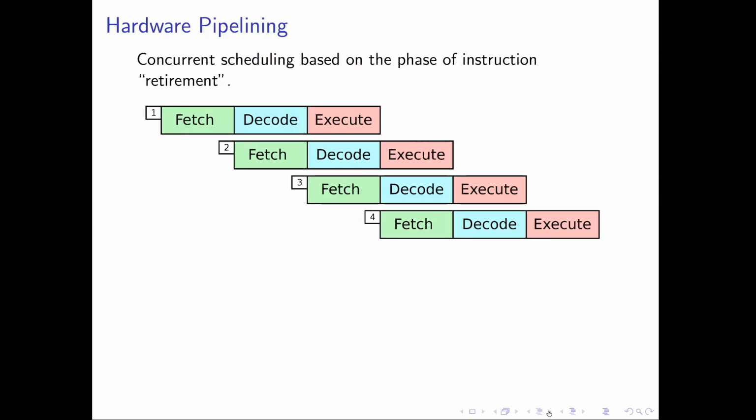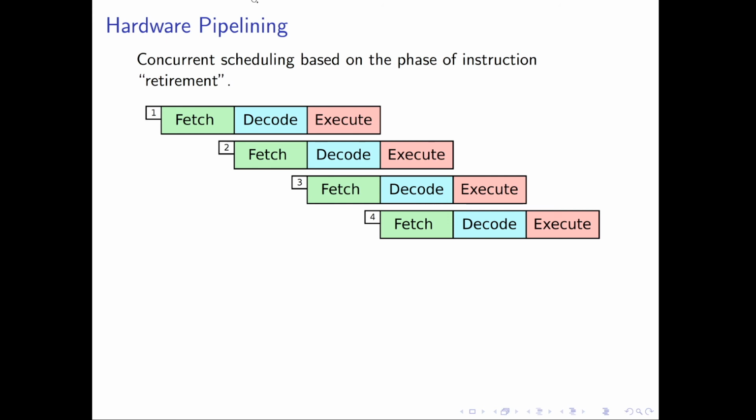When we talked about software pipelining last week, we were in a constrained setting with limited resources. Like the resources that we discussed were ALUs or MMUs, and the compiler might be presented with other resource limits, like a limited number of registers, for example. When talking about the hardware level, things are even more complex. When we were talking software pipelining, we assumed that we would pipeline individual instructions based on resource constraints, and now on a hardware level, we're assuming that we can even pipeline instructions based on the phase of retirement they are currently in.